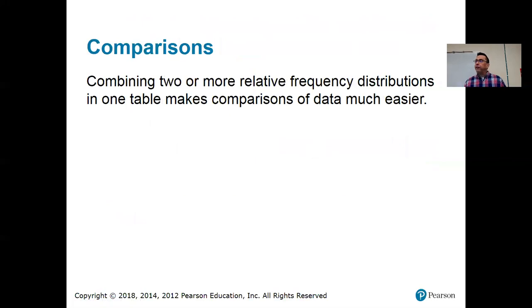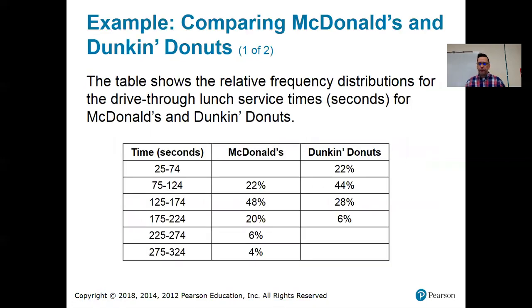Frequency tables make doing comparisons really easy. Here are relative frequency tables for the drive-through wait times at McDonald's and Dunkin' Donuts. Back in Jersey, we love our Dunkin' Donuts. According to this table, Dunkin' Donuts has a faster drive-through. 22% of people got through the Dunkin' Donuts drive-through in 25 to 74 seconds.